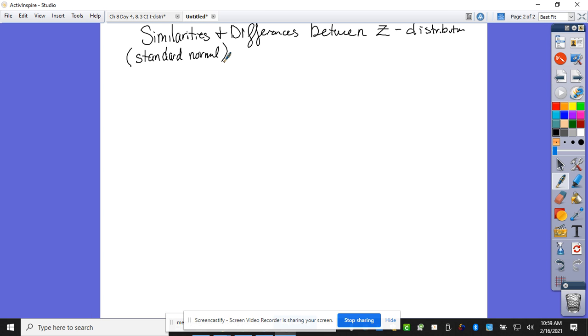So similarities and differences between z and t. What are things that are similar about the two curves? We just drew them, so you should be able to tell me some things that are the same.